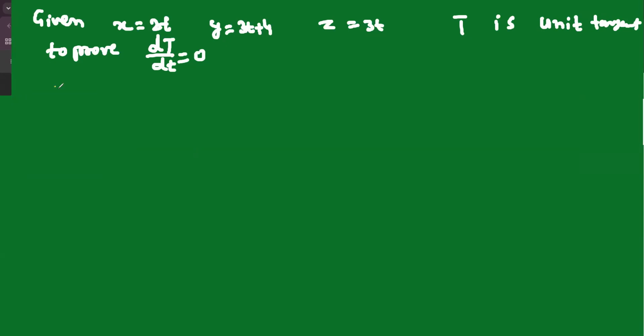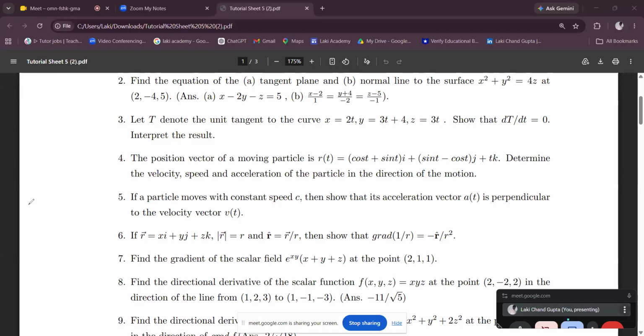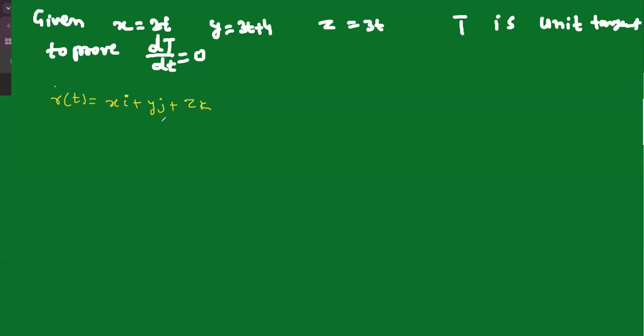So first of all, we will find position vector. Always remember, whenever it is not given in the question, position vector is always r(t). Now substitute the value of x, y, and z here.